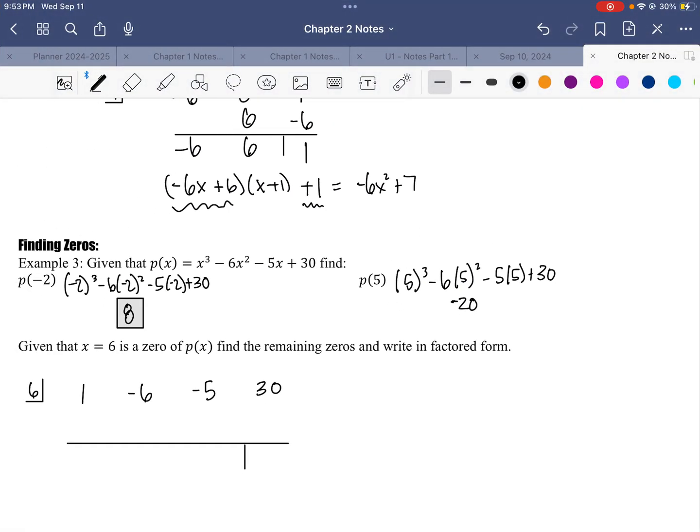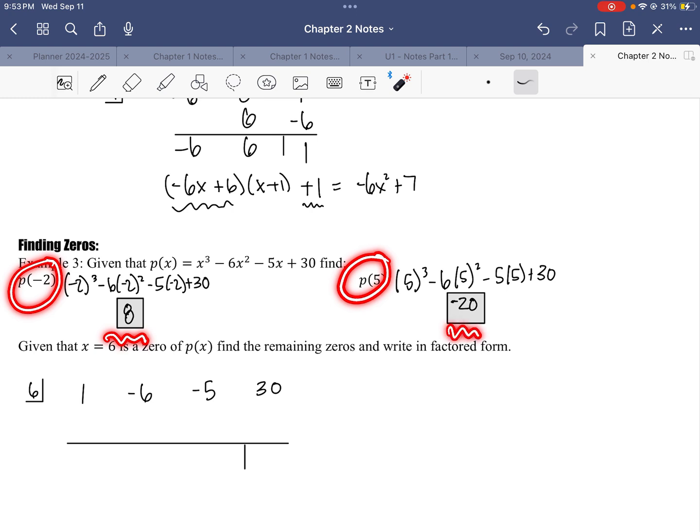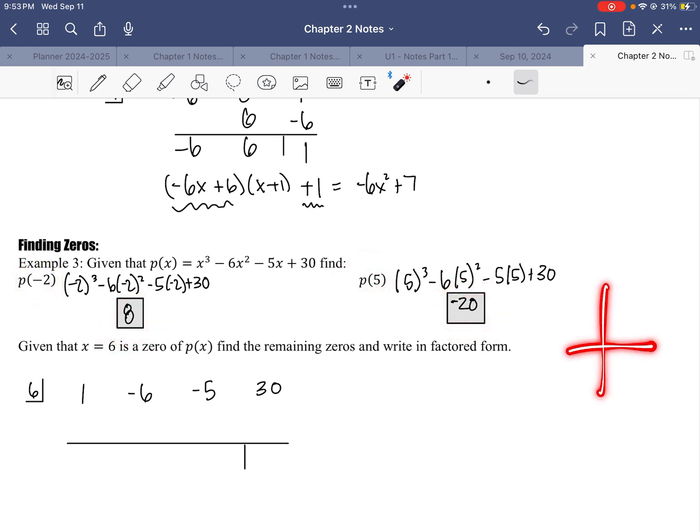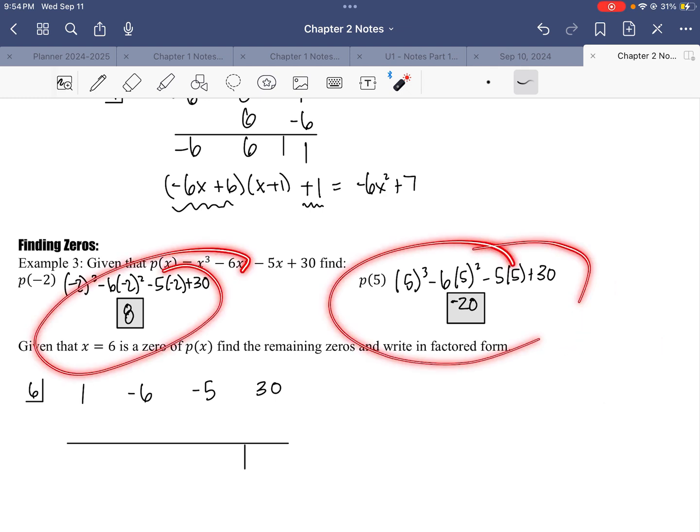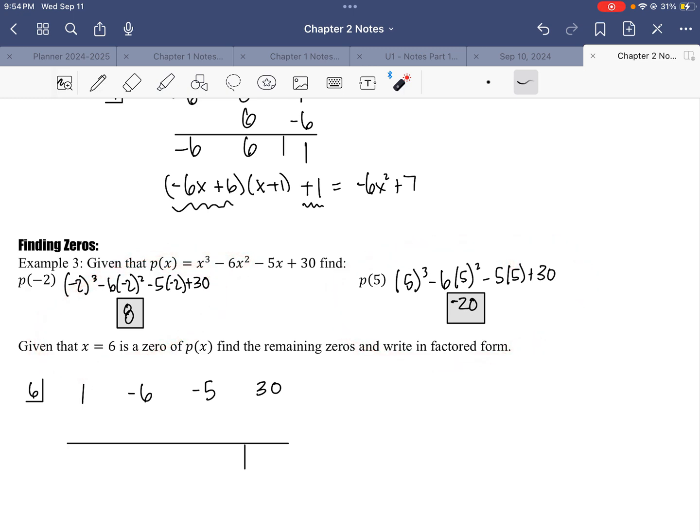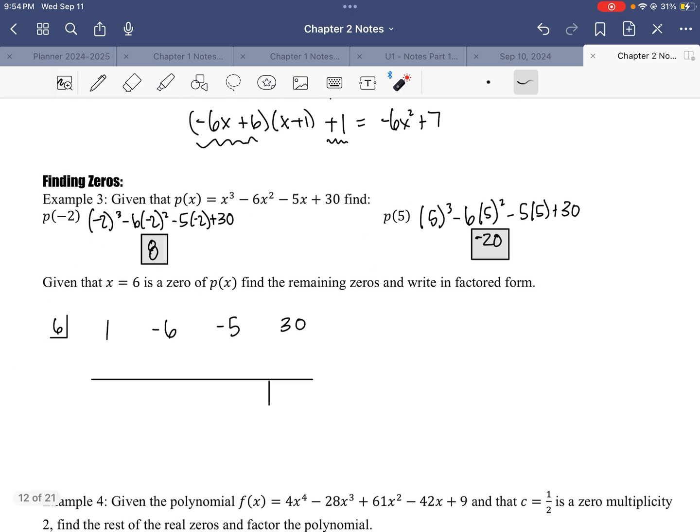So the reason that we care what those two are is because P of -2 is 8, whereas P of 5 is -20. These changed signs. So on our graph, we somehow went from up here to down here, which means somewhere in there, we had to have crossed our x-axis. So the reason we care is, hey, there should be a 0 in between -2 and 5.